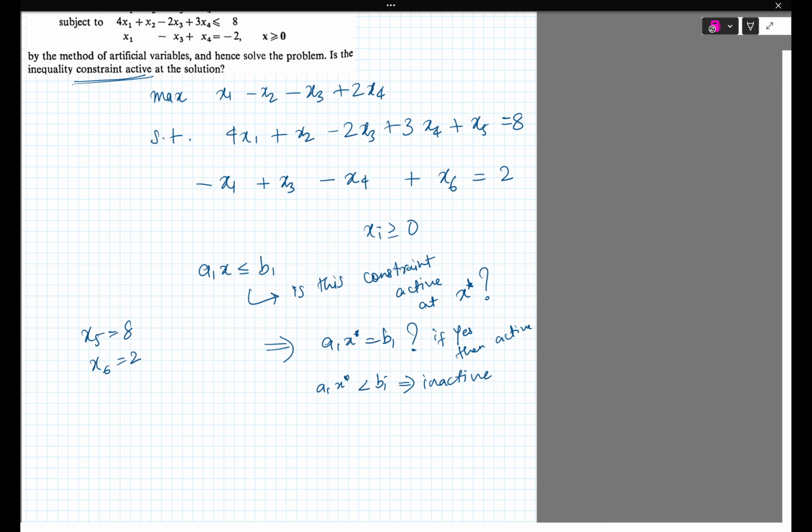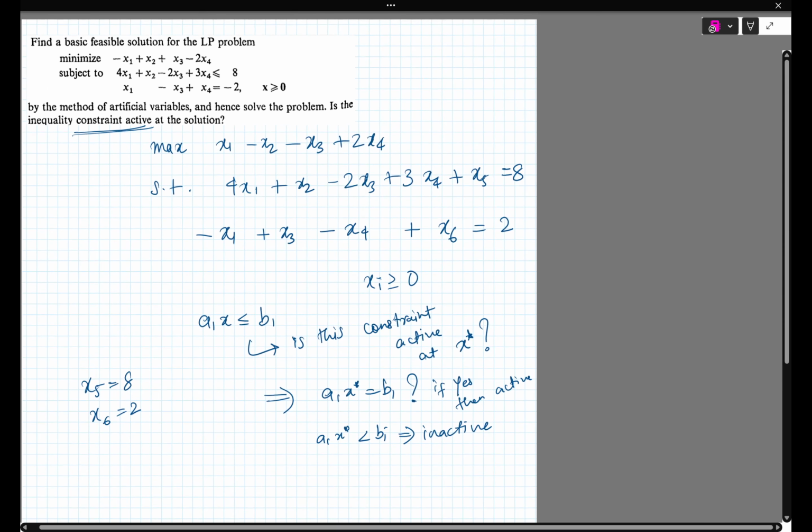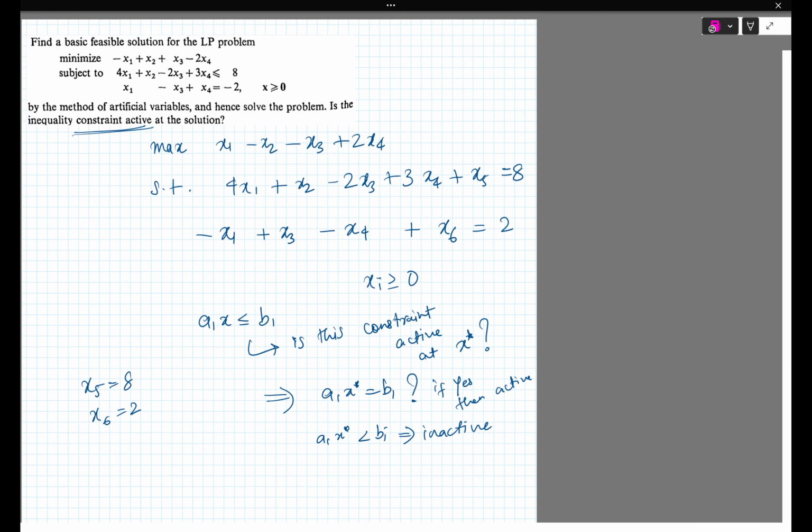Then the inequality constraint at x5 is not active, because all the 0, 0, 0 is less than 8, right? Yes, it is not active.